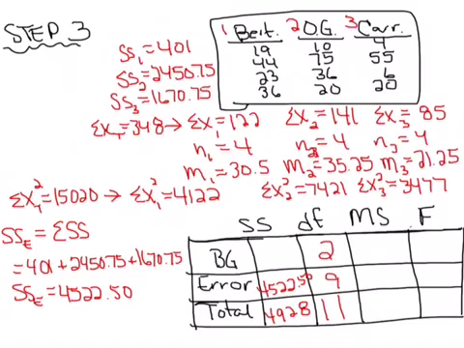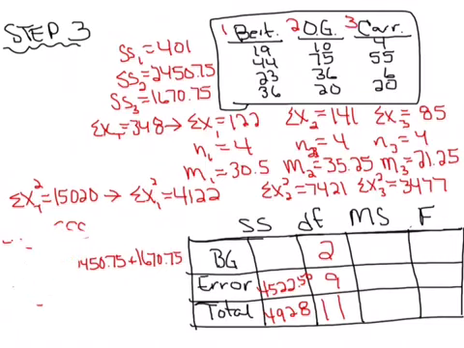Now we have the sums of squares error. So we can actually move forward and calculate our sums of squares between groups. Again, I'm going to erase this little area so that we have that little space to calculate in.